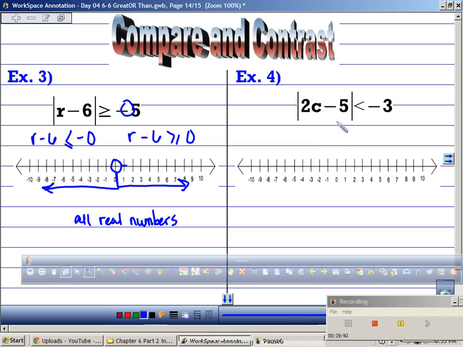Let's look at this one. The distance between 2c and 5 is less than -3. So again, can't have distance being negative. So let's look at this comparison. Distance between 2c and 5 is less than nothing, and the distance between 2c and 5 is greater than nothing.